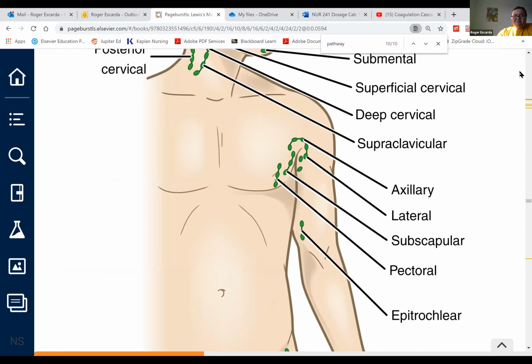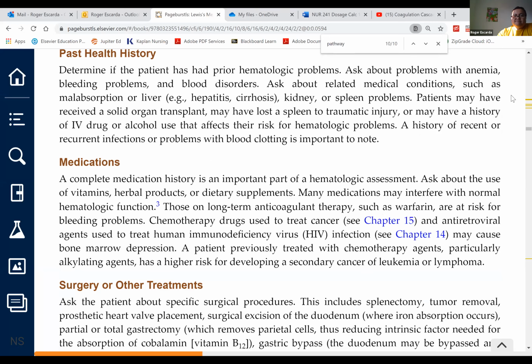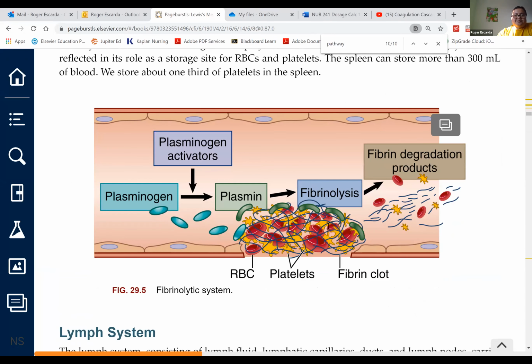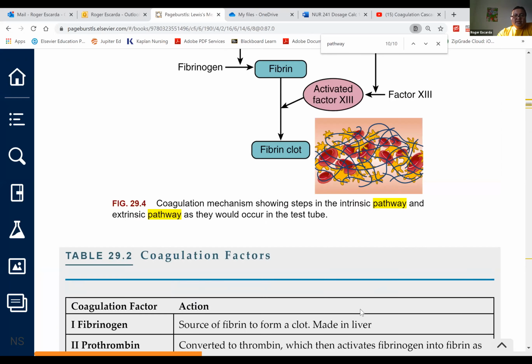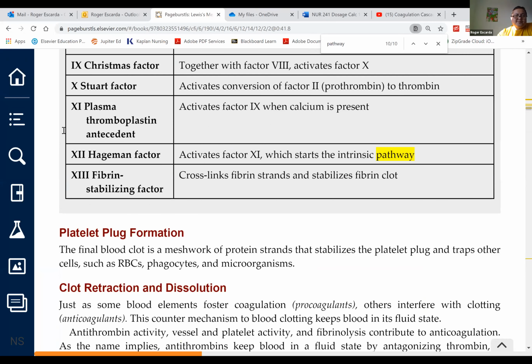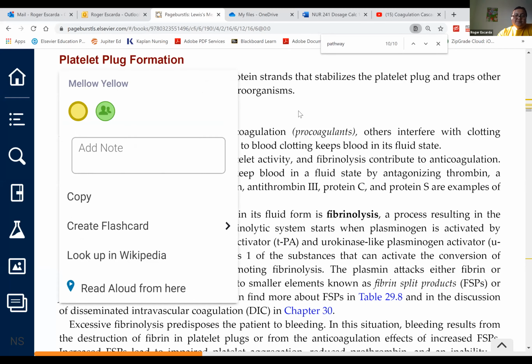Right here. So after a clot is formed, it's also mentioned here. So once a clot is formed, what's the next step? Assessing circulation? Not sure. No, right here. You see this, the one I highlighted? Clot retraction and dissolution. Right.